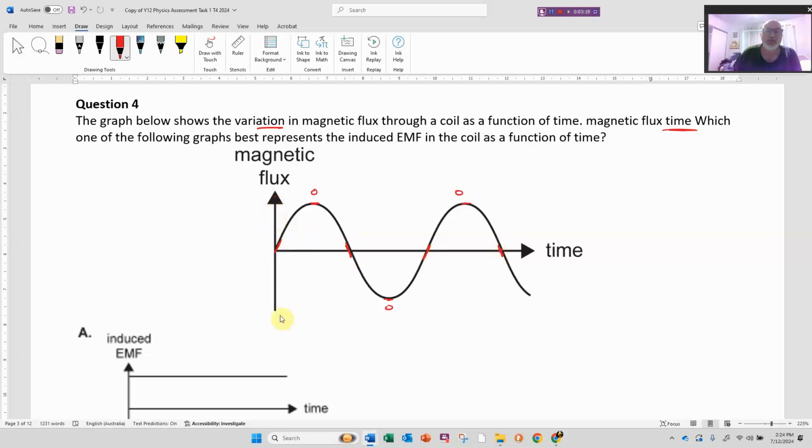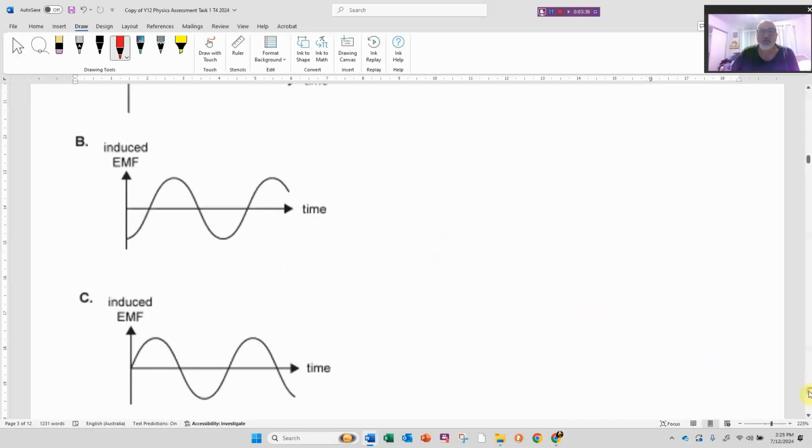That's a positive gradient, so it should actually be from down here, because remember we've got the EMF equals negative N change in flux over change in time. So that's Faraday's law. That negative sign is due to Lenz's law. So it's going to look like a cos graph, which means it will look something like that one.